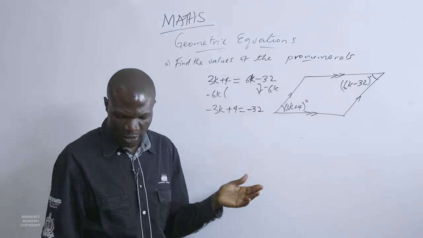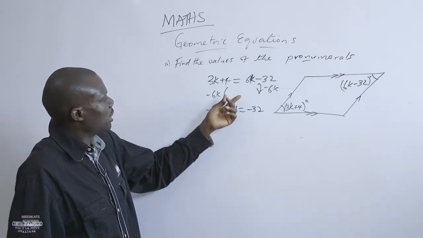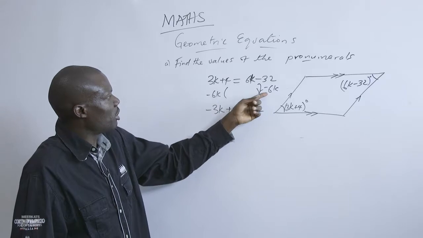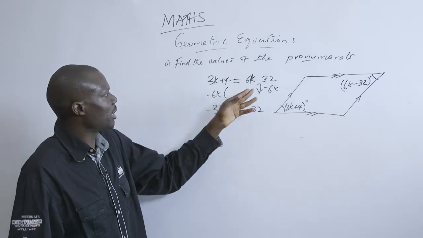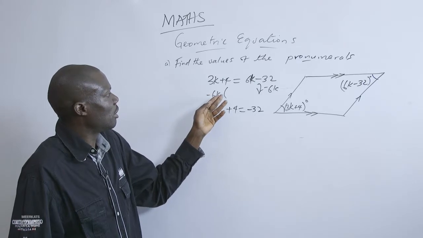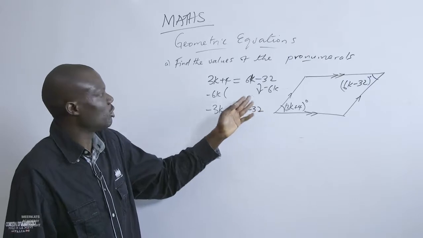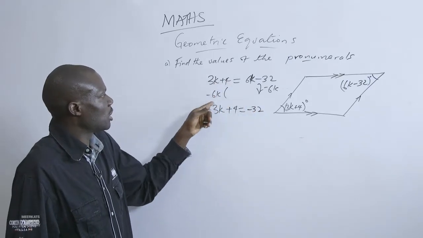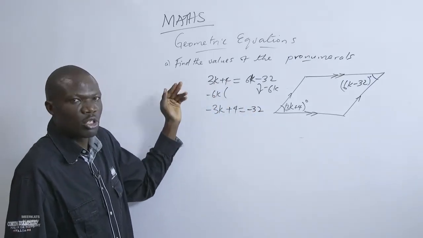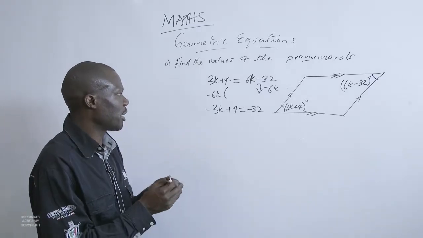We first removed 6k from this side, so we remain with minus 32 on this side, and when we subtract 6k here, 3k, which is positive, minus 6k becomes minus 3k.